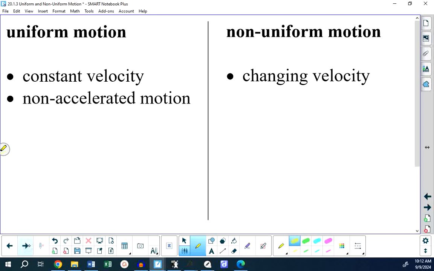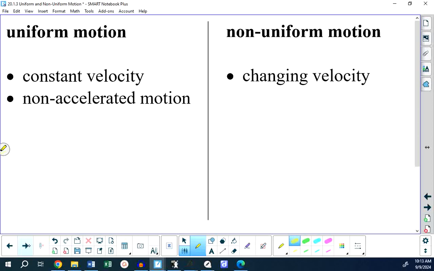More specifically, uniform motion means non-accelerated motion. So if you're traveling in a straight line at a constant speed, your acceleration is 0, because there's no acceleration. If your velocity is changing, maybe you're speeding up, maybe you're slowing down, maybe you're changing direction, maybe you're speeding up and changing direction, or slowing down and changing direction.